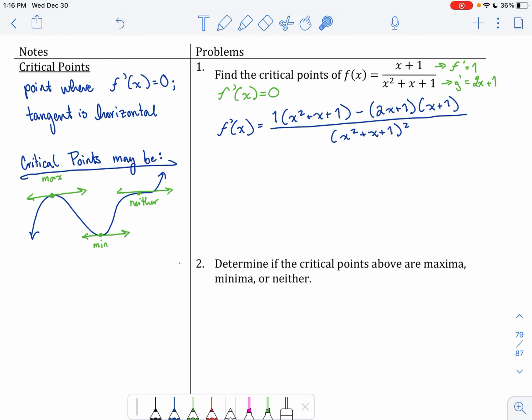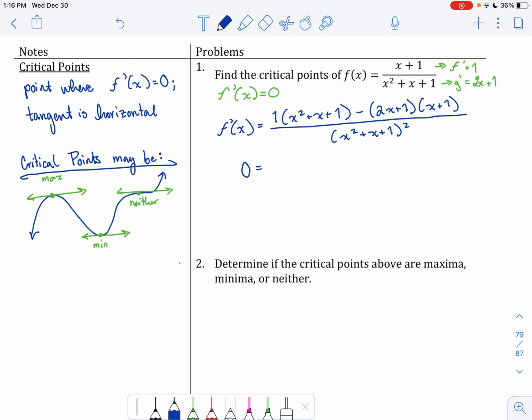Now to find the critical points, we are going to set the derivative equal to 0, and I'm going to do a little simplifying. The first thing I'm going to do is multiply by the denominator. 0 times anything is 0, so I've just canceled out the denominator.